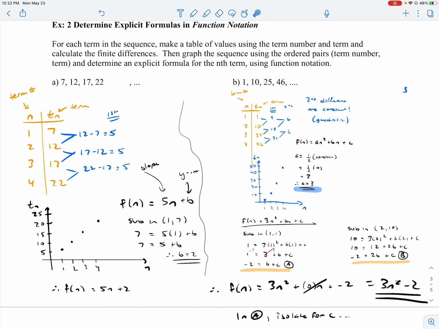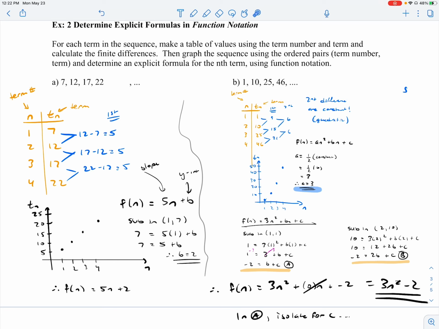Knowing that there's always a difference of 6 between these, this number needed to be 3. And so the difference between these two is 3, so this would have needed to be negative 2. So I know that the point (0, negative 2) exists. And if you substitute 0 in for n, you can see that it works. We would have got negative 2. So that's just another way it could have been done.